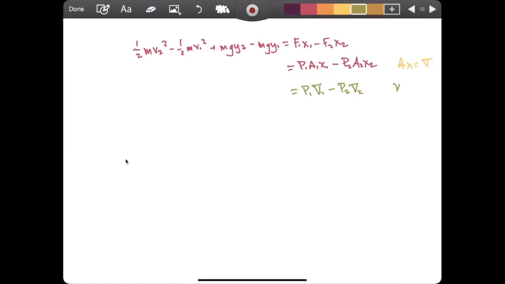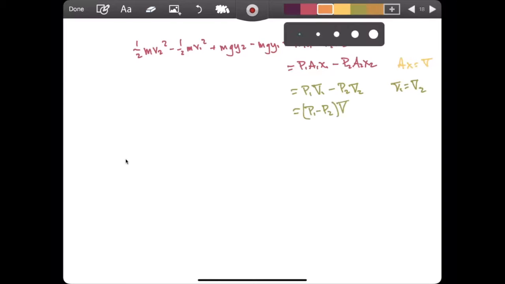But again, since we're dealing with an incompressible fluid, the two volumes are the same. So I'm going to rewrite this as simply P1 minus P2 all times the volume. Now, finally, we also know that mass is equal to the density times the volume.